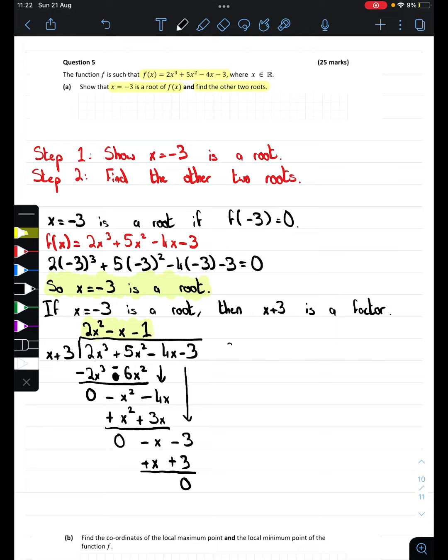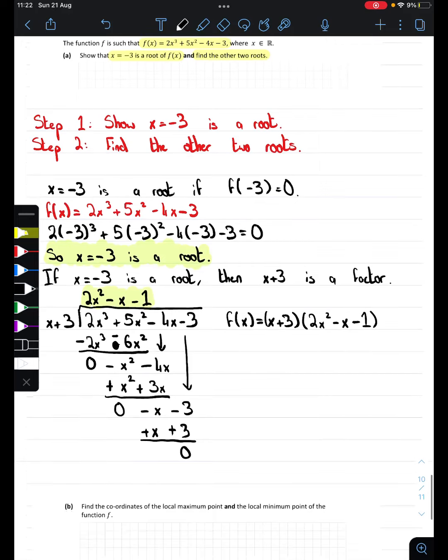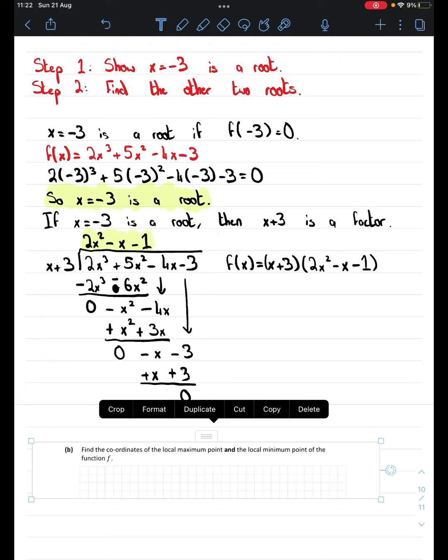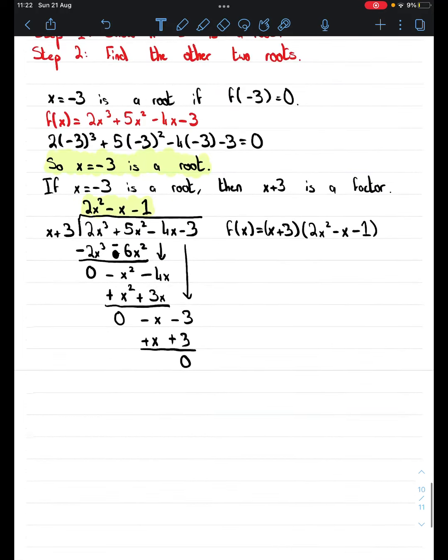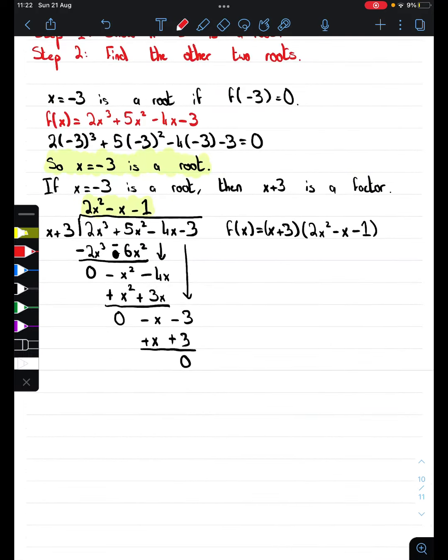So f of x is equal to x plus 3 times 2x squared minus x minus 1. So the other two roots, let's write this out.